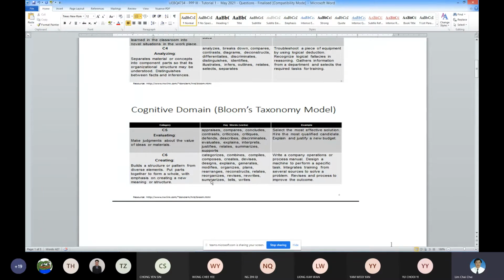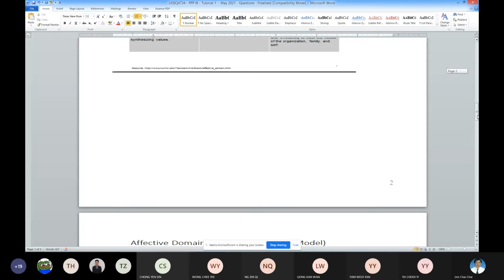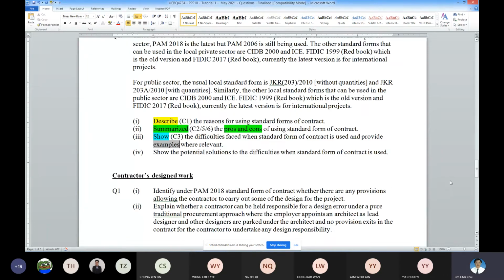So the example is in C2. This one is your C2. I put it in green color. So example is asking you for the C2 level.